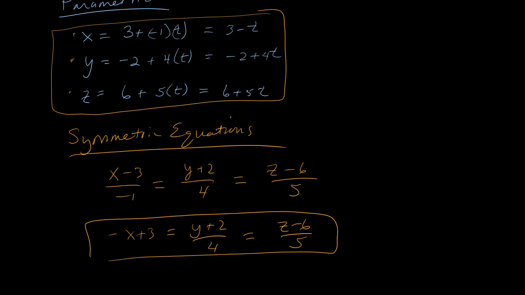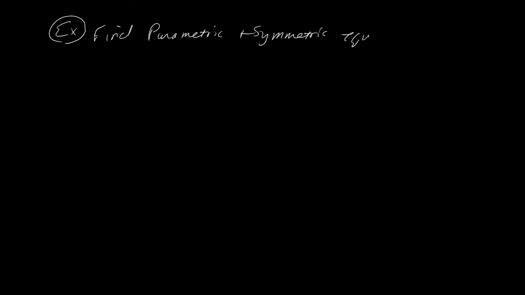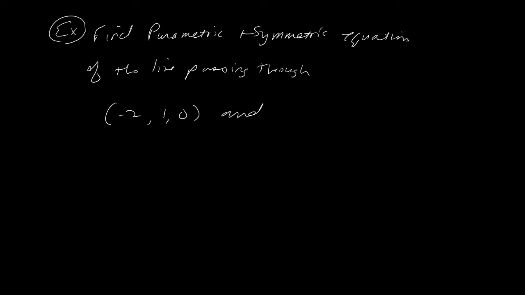All right, so let's do another example, except this time we're not going to be given the direction vector. We're just going to be given 2 points on the line. Example: find the parametric and symmetric equations of the line passing through the points (-2, 1, 0) and (1, 3, 5).